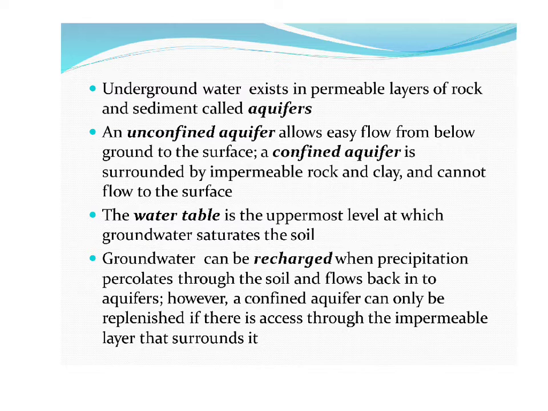A confined aquifer, however, can only be replenished if there is access through the impermeable layer that surrounds it. So here's the deal. When it rains, the water percolates down through the soil and can recharge the unconfined aquifers in the ground. But confined aquifers cannot be recharged quickly, easily, and sometimes not at all, depending upon how confined they are.